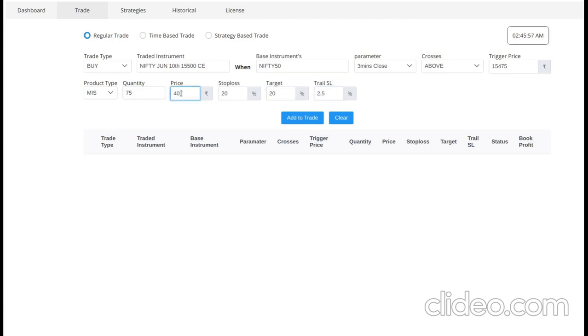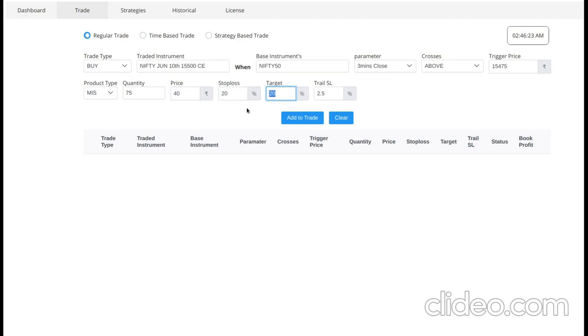So whenever the price becomes 41, the stop loss moves from 32 to 33. It goes on improving, going up whenever the price goes up, so that you can trail the stop loss.